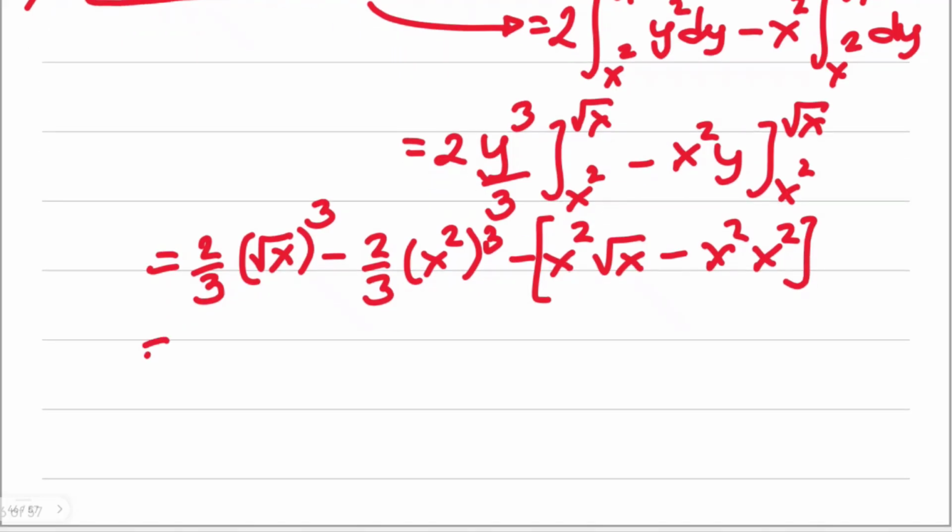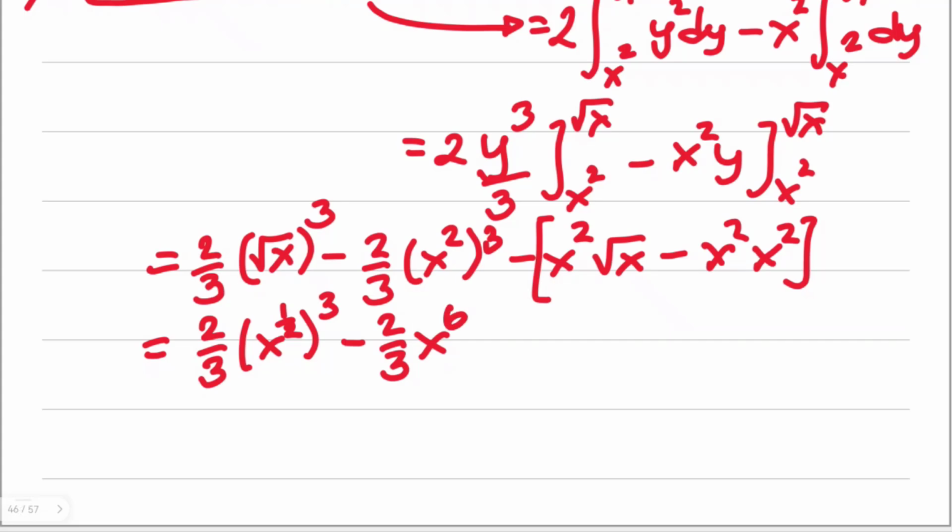So you will have here 2/3. Take note that x, or square root of x, is actually x to the power of 1/2. Okay, so this is actually 2/3 x to the power of 6, laws of exponents. You have here x squared again, so x to the power of 1/2. This is x to the power of 4.